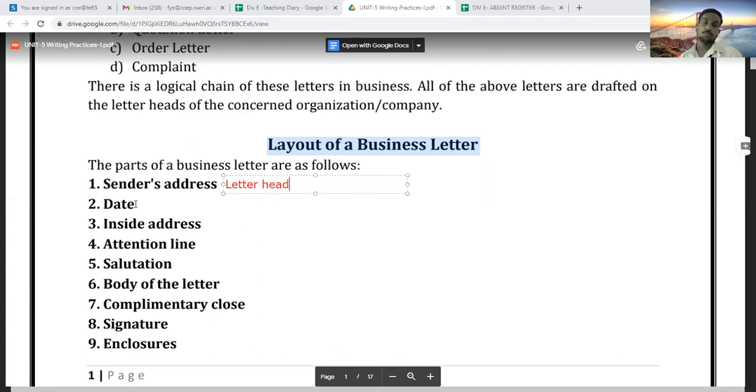Then next we will talk about the date. Before the date, in fact, these days there is an outward number. Suppose it is any company, then there is some initial of the company, maybe ABC.